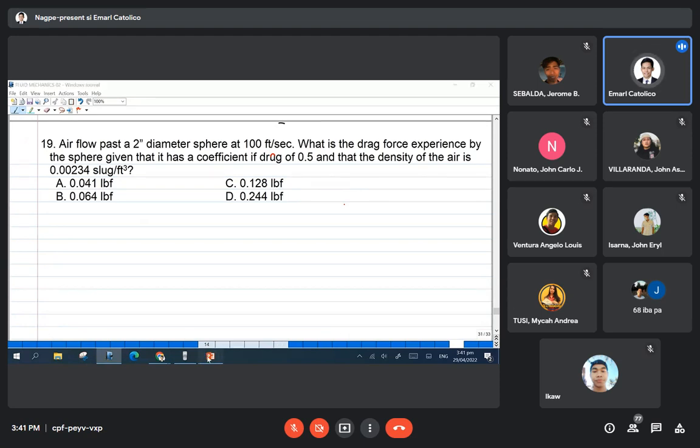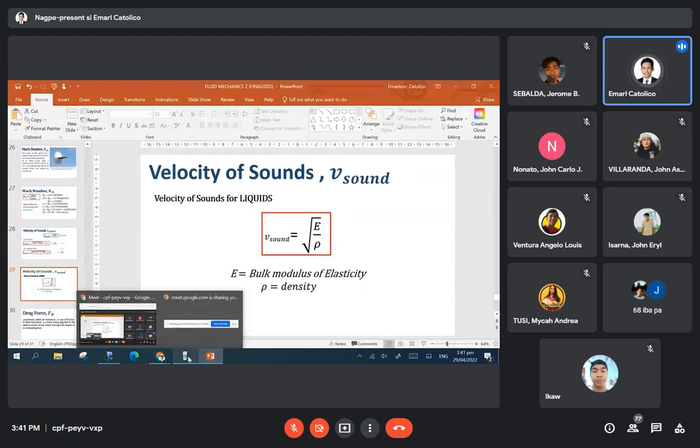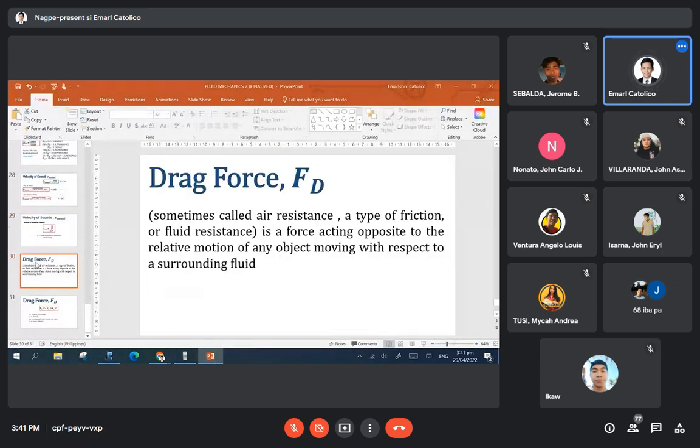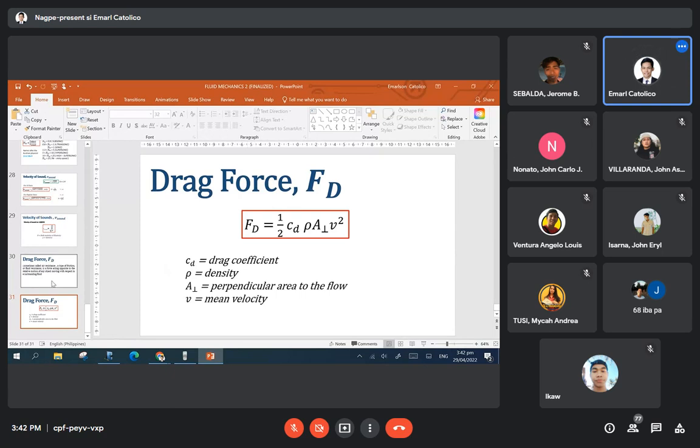No? So discuss ko lang ng mabilis ang drag force. So drag force, sometimes called air resistance, a type of friction or fluid resistance, is a force acting opposite to the relative motion of any object moving with respect to the surrounding fluid. Formula natin sa drag force is 1/2 times drag coefficient times density times area perpendicular.